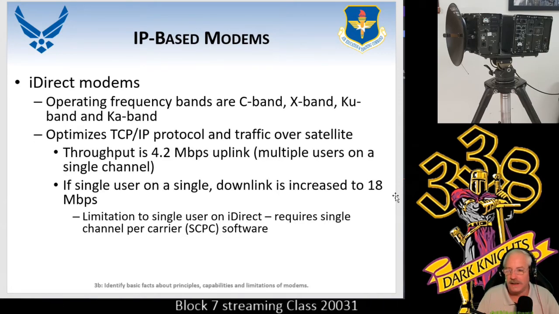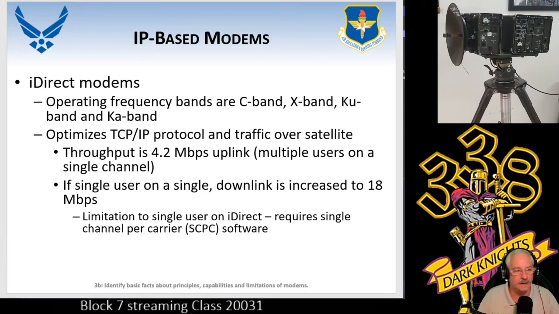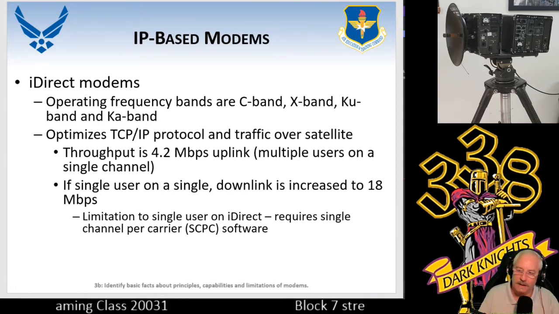But this is the key part: what bands is the iDirect modem working on? You have the C band, the X band, the KU band, and the KA band. For those of you who know the frequency spectrum, you'll notice that from the C band all the way through the KA band is approximately 2.3 all the way up to 40 gigahertz.